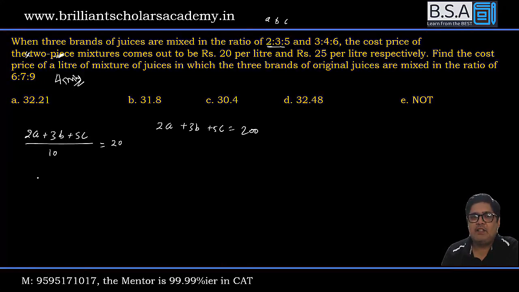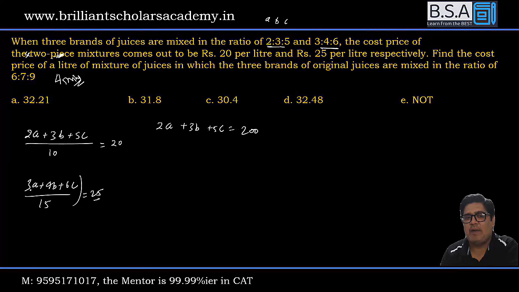In second case, what are the ratio terms? 3, 4, 6. These are quantities. So 3A plus 4B plus 6C upon 3 plus 4 plus 6, 15 is equal to 25. That is the average price.